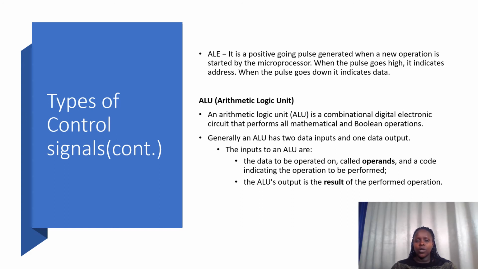Those are the two inputs for the arithmetic logic unit. It needs the data to be operated on and the operation to perform on those data. The output of this arithmetic logic unit is the result from the performed operation.